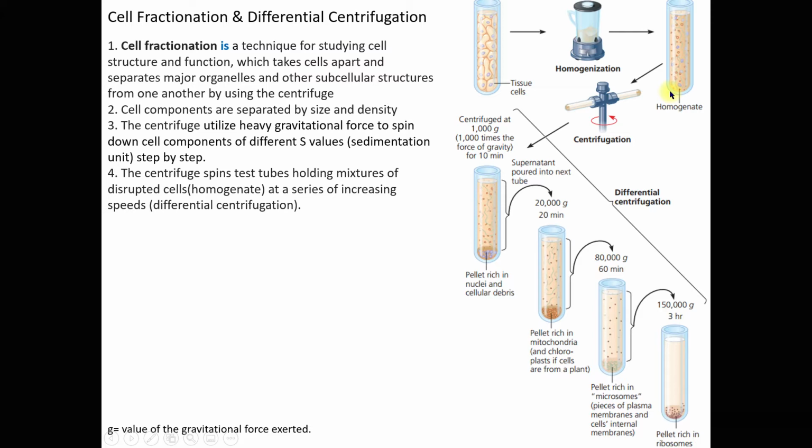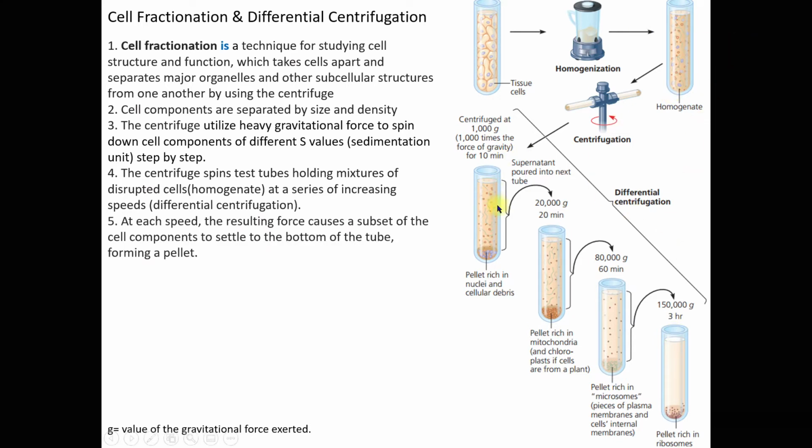Not completely destroyed. It's just that the cell wall for plant cells, or the plasma membrane for tissue cells, is already broken down. When these are broken down, the organelles will leave the cells.